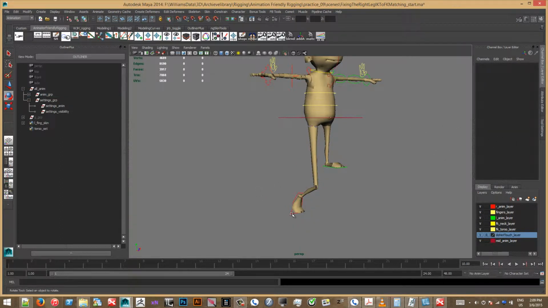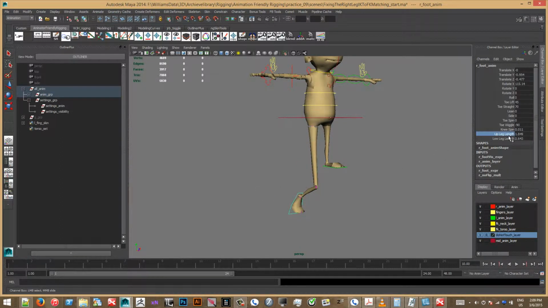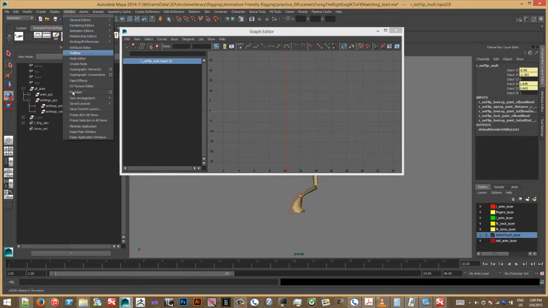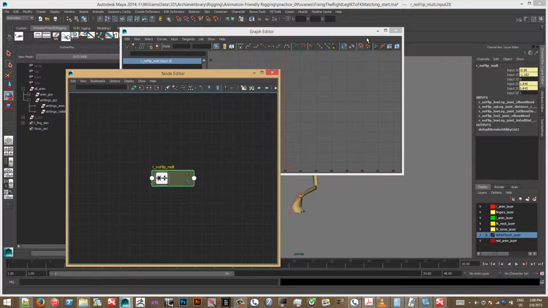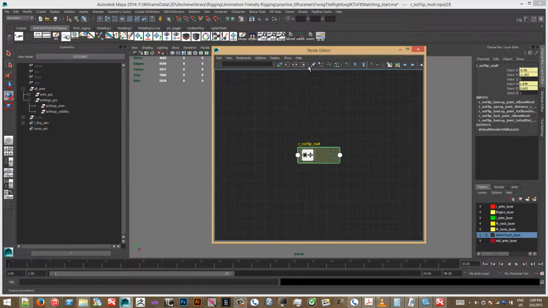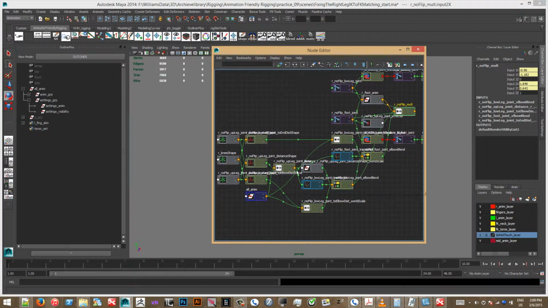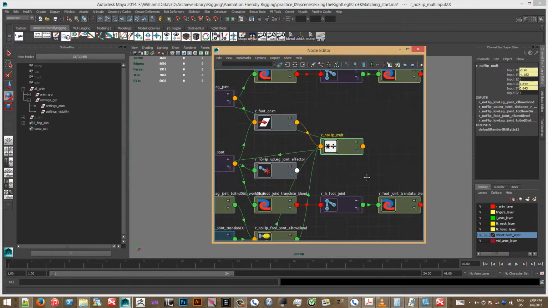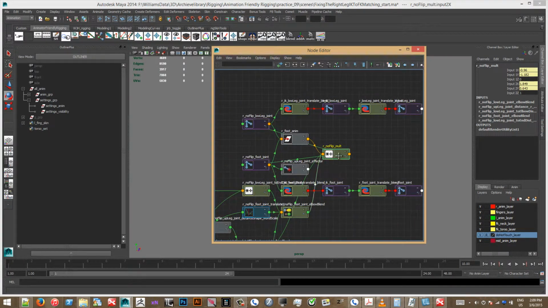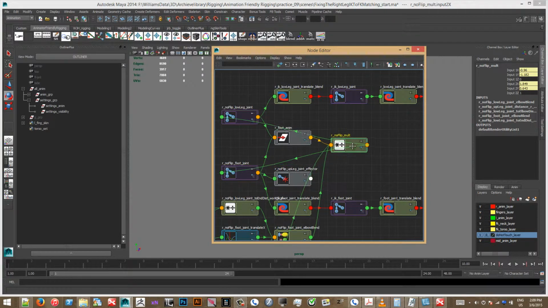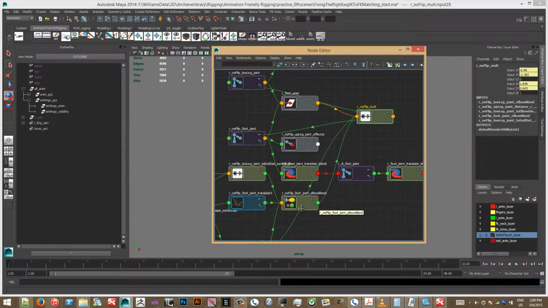If we take a look a little bit at what's going on, let's see, no flip, Windows, Editor. Graph that. I think I got everything I need.